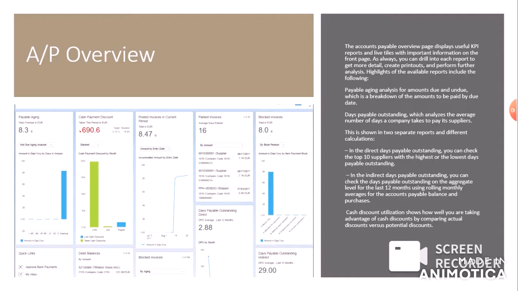One is the direct days payable outstanding. You can check the top 10 suppliers with the highest or lowest days payable outstanding. In the indirect days payable outstanding, you can check the days payable outstanding on the aggregate level for the last 12 months using rolling monthly averages for the accounts payable balance and purchases.